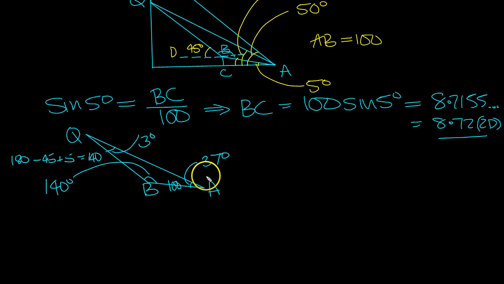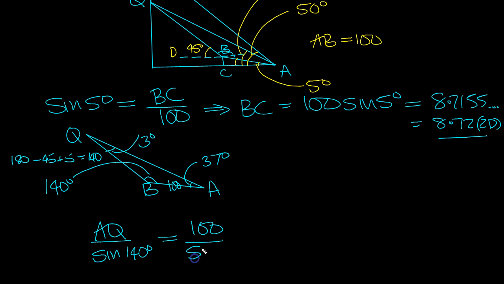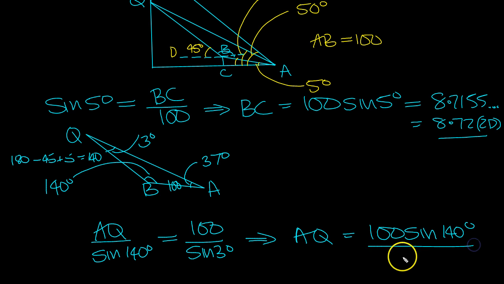Okay, now we've got that, we can work out using the sine rule. So AQ over the sine of B, which is 140, is equal to 100 over the sine of 3 degrees. So AQ then is equal to 100, move the sine 140 up, over sine 3 degrees.